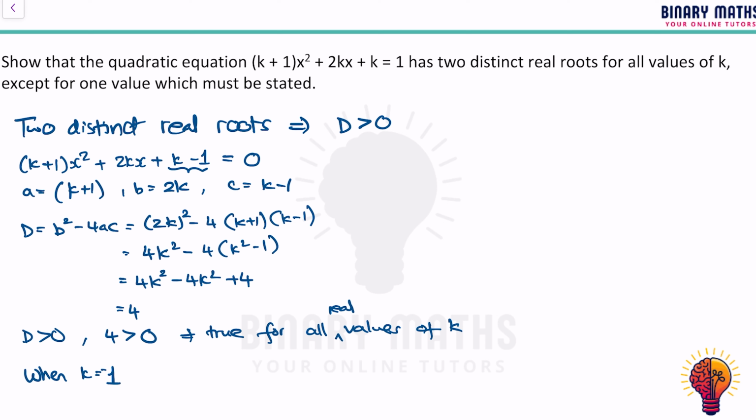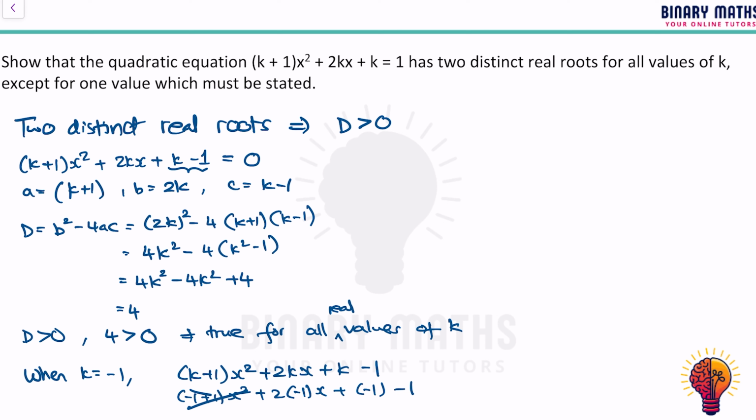let's rewrite that. When k is equal to negative 1, (k plus 1)x squared plus 2kx plus k minus 1 becomes (minus 1 plus 1) times x squared plus 2 times minus 1 x plus minus 1, take away 1.